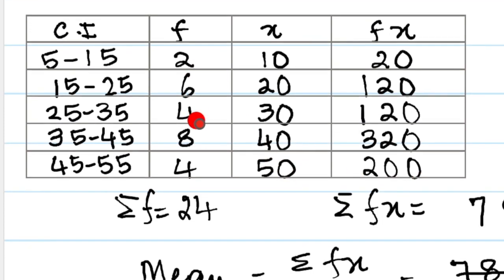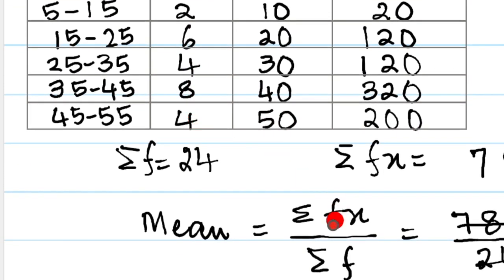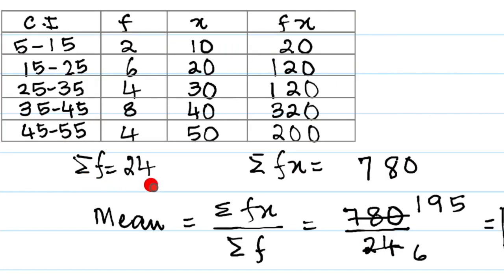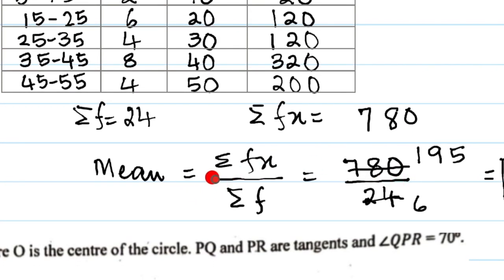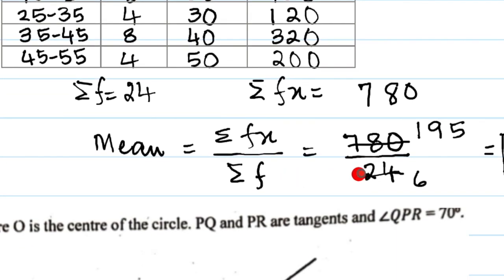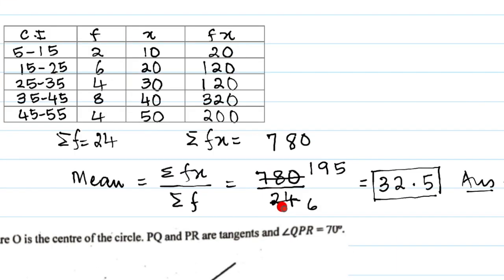We know the formula for our mean as sigma fx upon sigma f. So sigma f will be 24 when we add this, and sigma fx, total it up, it is 780. And so we have mean equal to sigma fx upon sigma f, which is 780 upon 24.